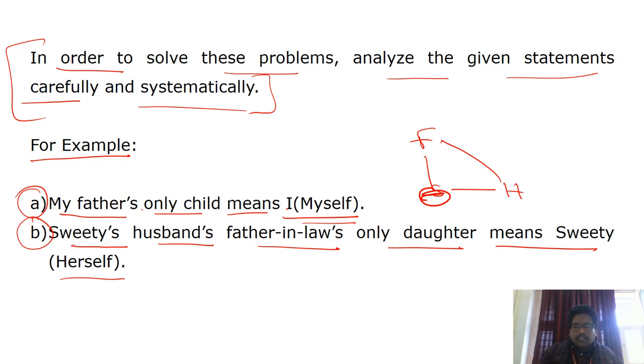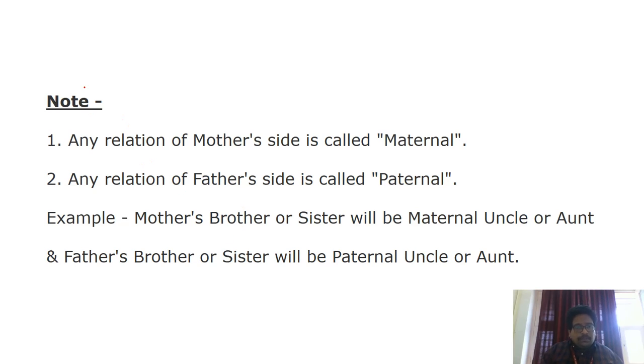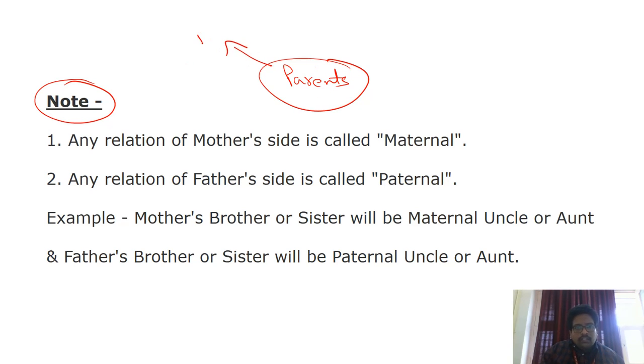Clear? Next. All the relations that we have are through our parents. We have two parents, with God's grace: one is the mother, the other is called the father. Any relationship that we have from the above generation comes through our parents.